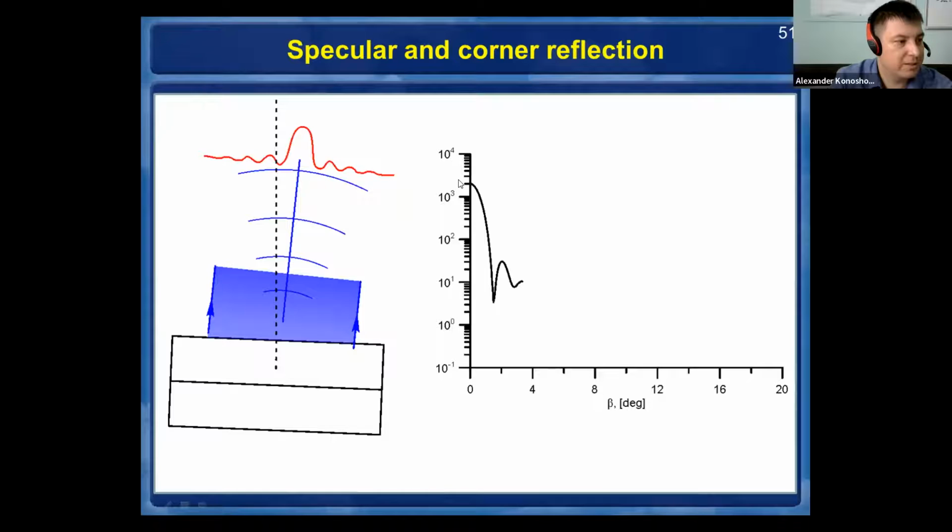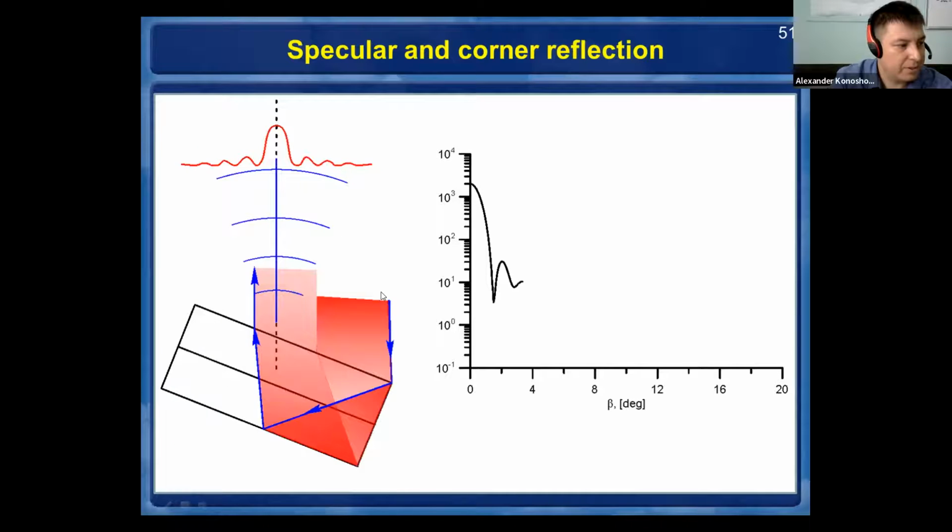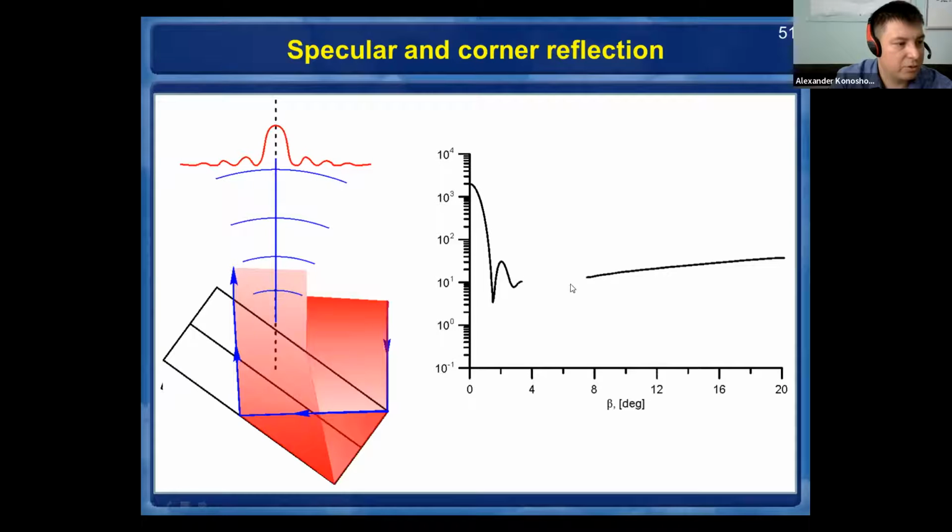We see this huge specular reflection here for small angles of flutter. Then the corner reflection appears for hexagonal particles, and we see this strong corner reflection here and some process here. So this is a typical solution for an oriented hexagonal plate.